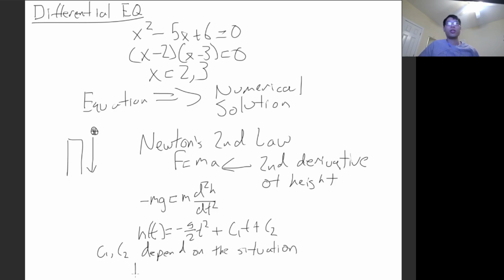So, for example, if I drop the ball from 100 feet up and I just let it go, do nothing to it, the velocity will be 0 and the height will be 100 at t equals 0. Right, so if I change these numbers here, that'll change what c1 and c2 are. Okay, so let's give another example.